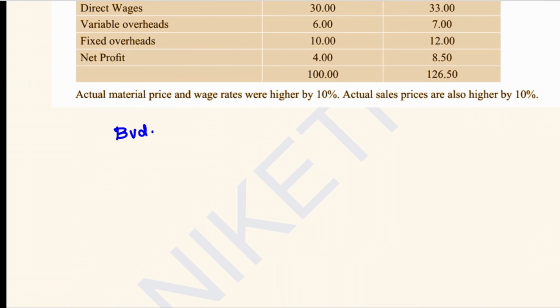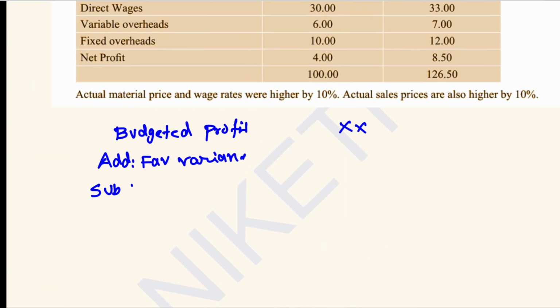So generally the format looks something like this. I will start with my budgeted profit, then add or subtract. What should I add? Add my favorable variances, then subtract adverse variances. What I will get is the actual profit.